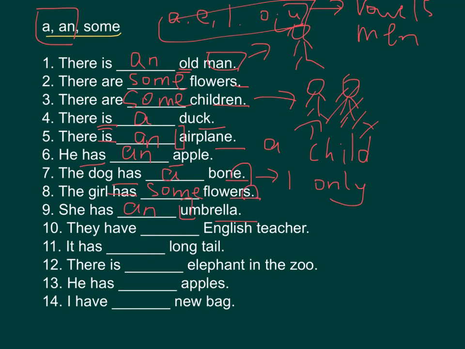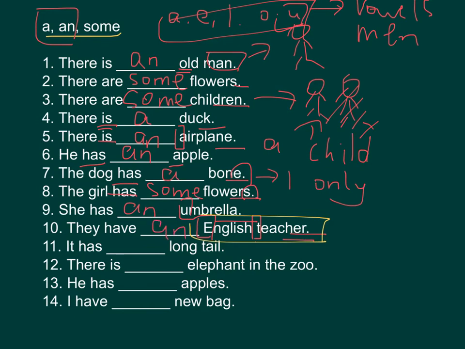And number 10, they have English teacher. So this time we are not seeing T, but instead we are seeing E, English teacher, right? We treat it as one noun. Because it starts with E, A-E-I-O-U, we use an English teacher.